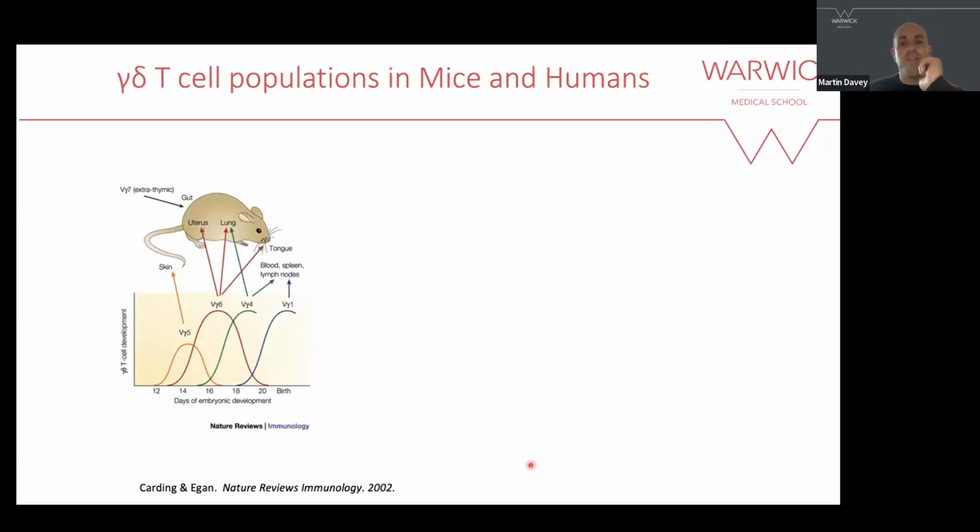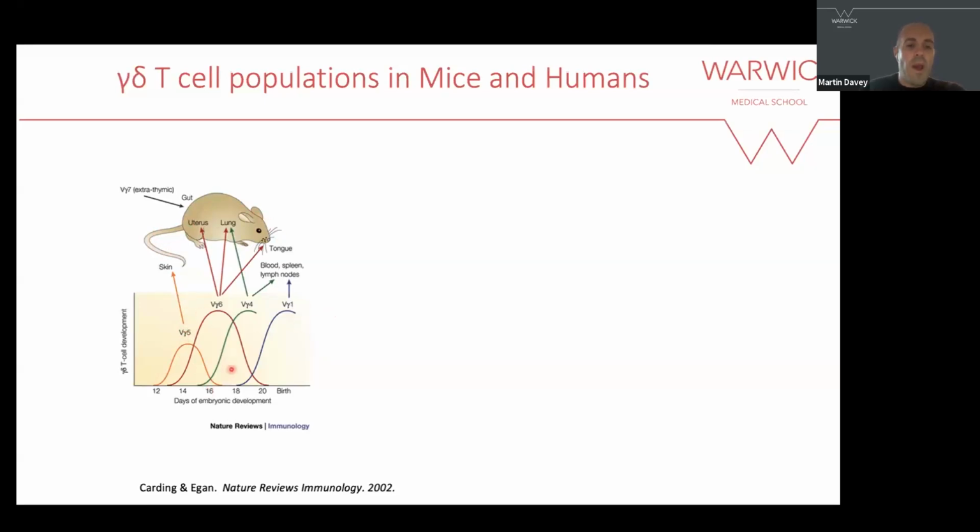Most of our knowledge has come from mice, and obviously we can dissect and understand a lot about gamma deltas from mice. One of the most remarkable things is that during embryonic development, we get specific populations of gamma deltas associating to very unique tissue locations. It's populations expressing very specific gamma delta T cell receptors that end up in these locations.